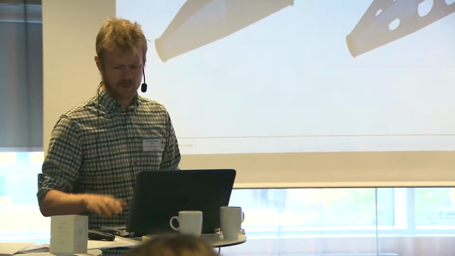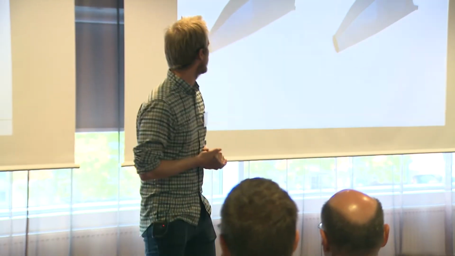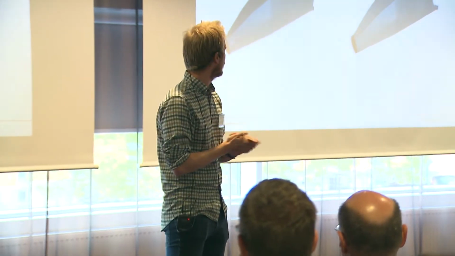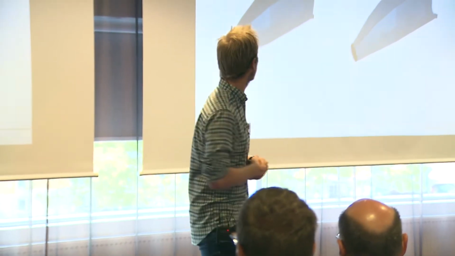So what do we do? Let's add some lattice structure, because lattice, that's impossible to do with other manufacturing paradigms. So now everyone can see that we have been 3D printing a very complex part, and lattices are strong and light, right? They are lighter and stronger than the solid part.